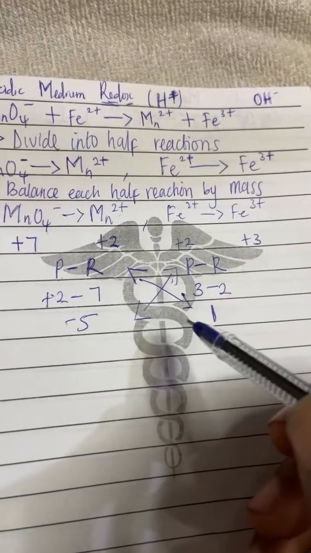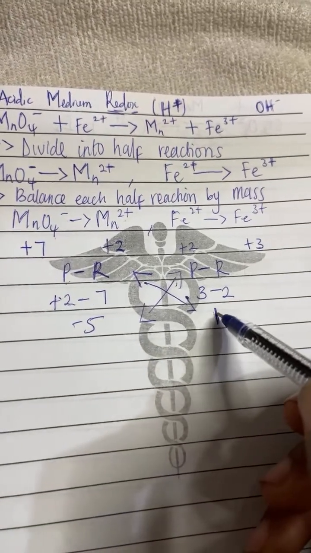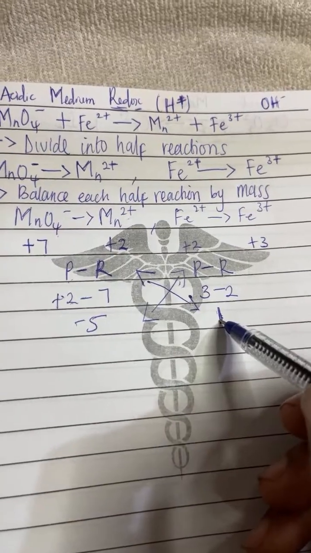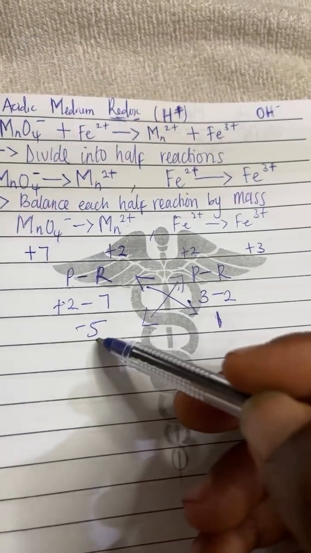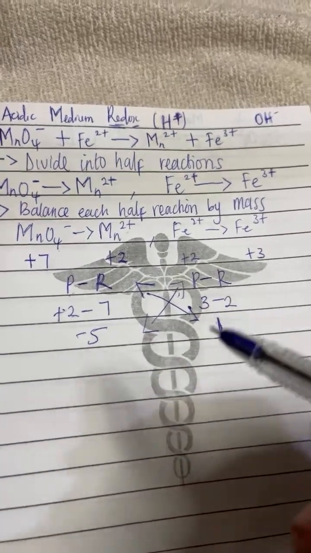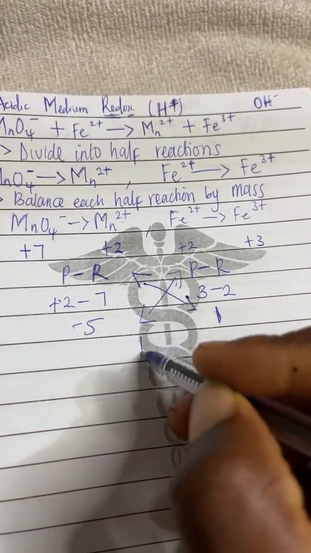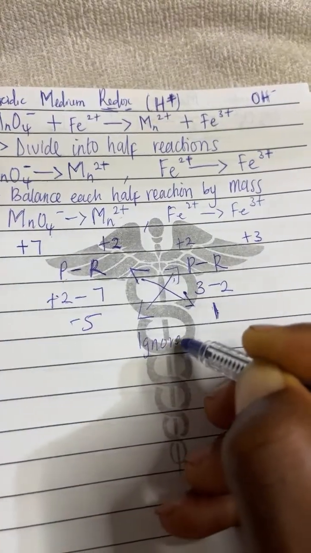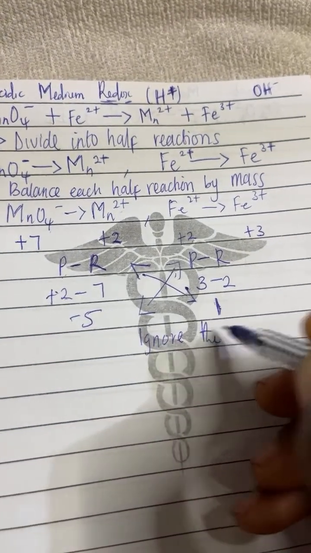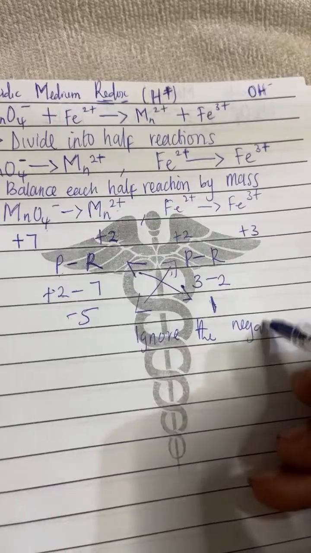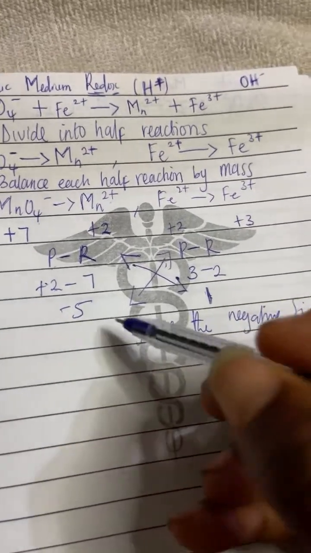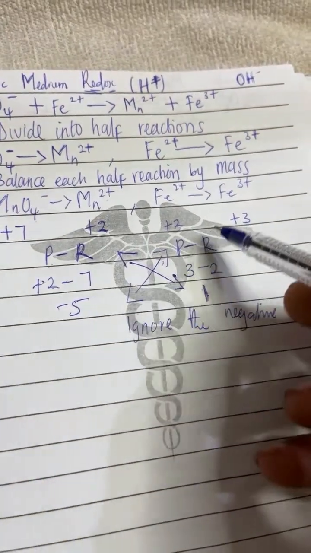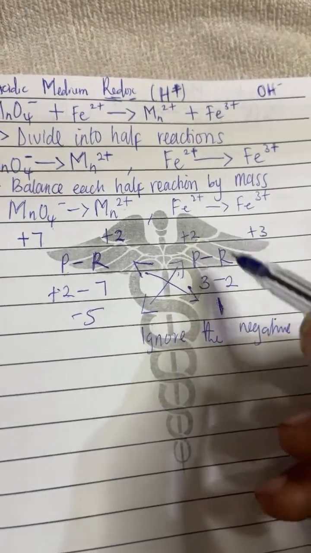So now you are going to multiply your answer here with this half reaction. You have to ignore the negative signs. For this minus 5, you just ignore the negative sign and multiply.